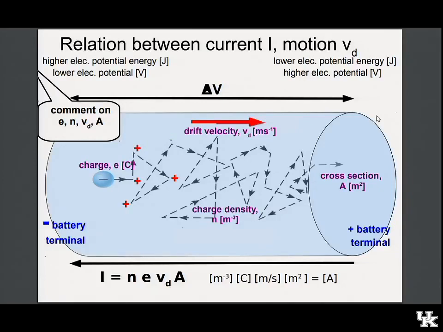A second important characteristic is the number of those electrons that are free to move per cubic meter. It's kind of a number density of electrons, a number per cubic meter. And then finally, the other number that's important in this relationship is the cross-section of the wire, the number of square millimeters or square meters of the wire's cross-section.